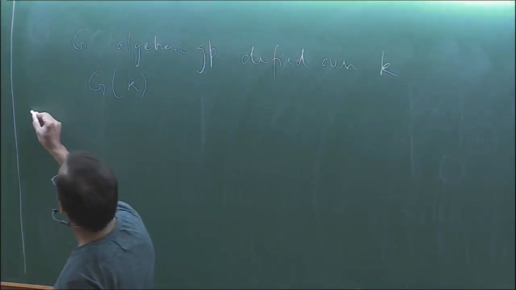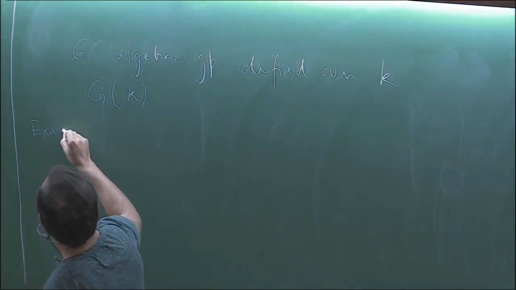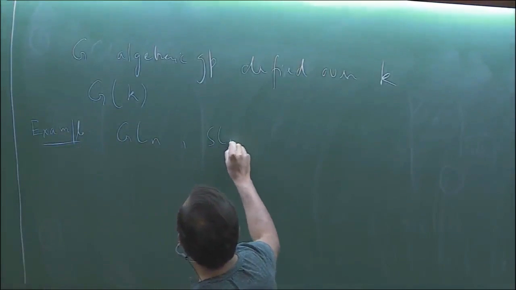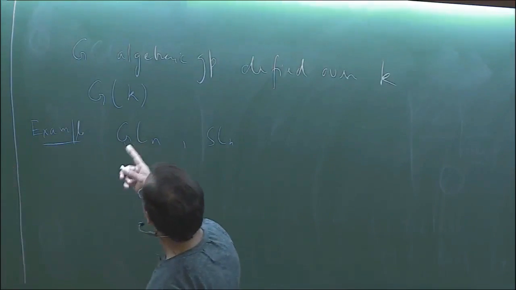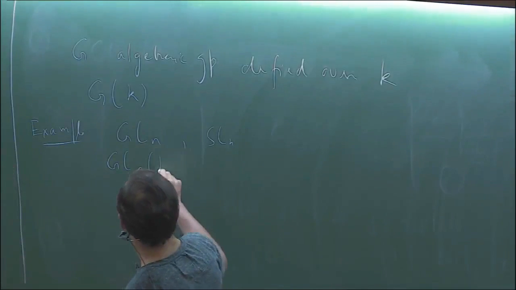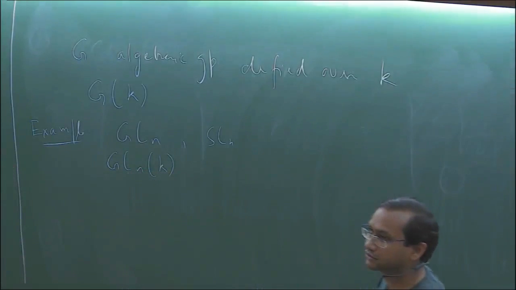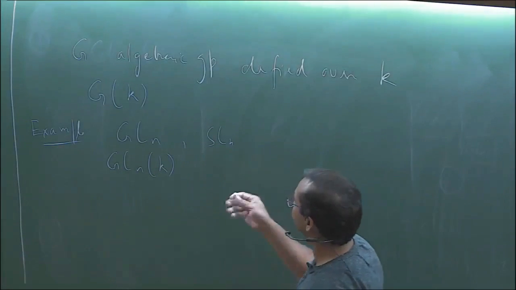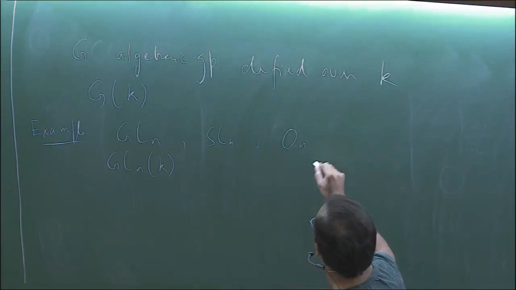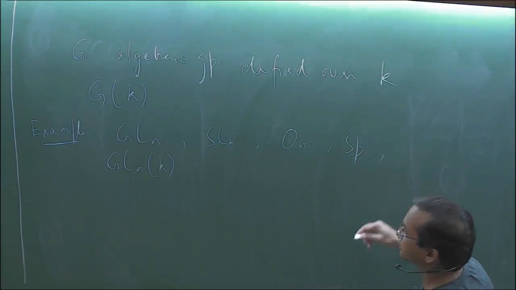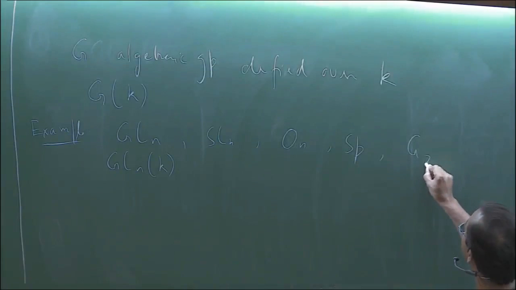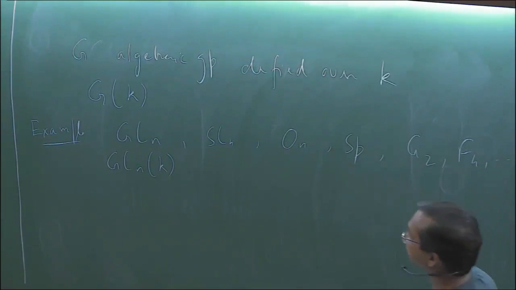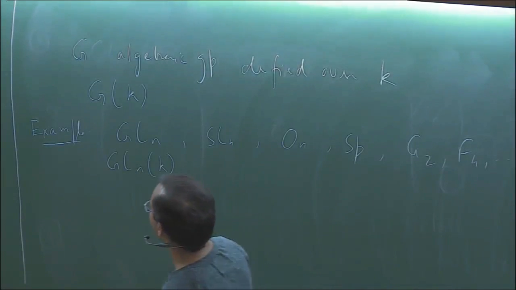For example, you can keep in mind the groups GL_n or SL_n. These are algebraic groups, and the K-points of this is what you write as GL_n(K). That's the notation. There are other examples, such as orthogonal groups and symplectic groups. We have seen many groups, including G2 and F4. All these we have seen already. So these are examples of algebraic groups.